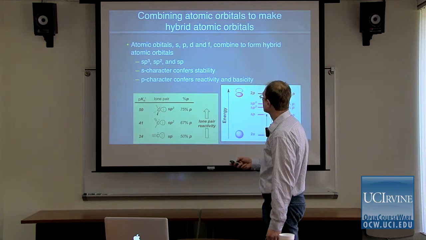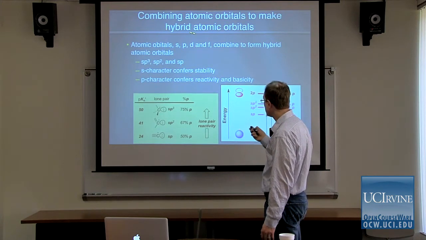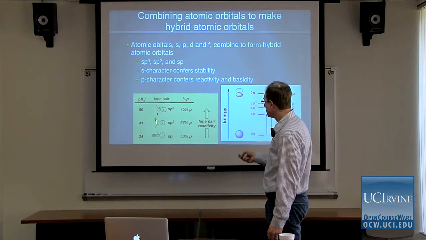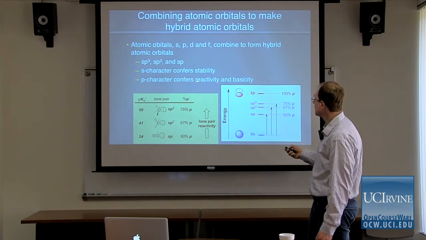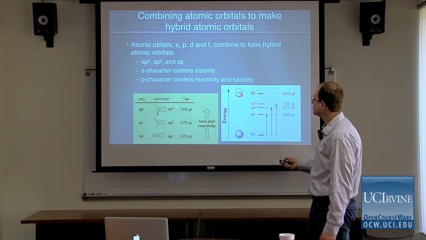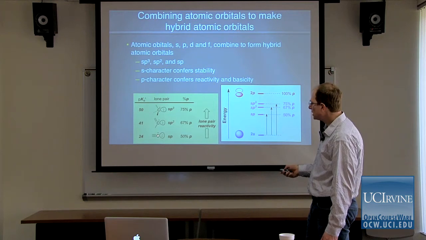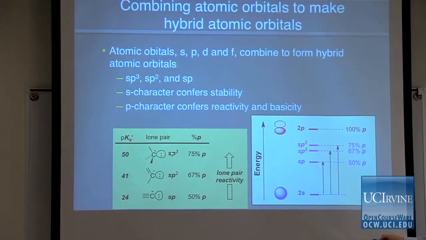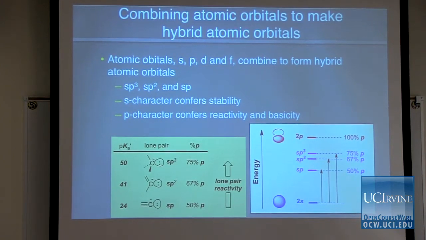So these are the atomic orbitals, specifically the hybrid atomic orbitals over here. And p character confers reactivity and basicity. So for example, if we look at a series of lone pairs found on carbon, what we find is that the higher the p character, the more reactive that resultant lone pair will be.